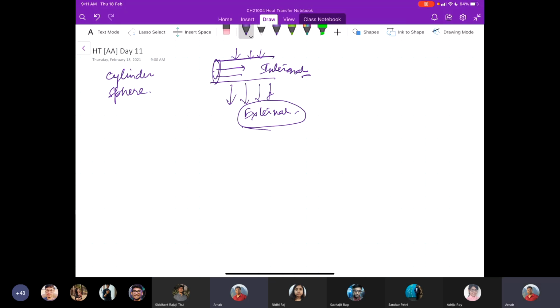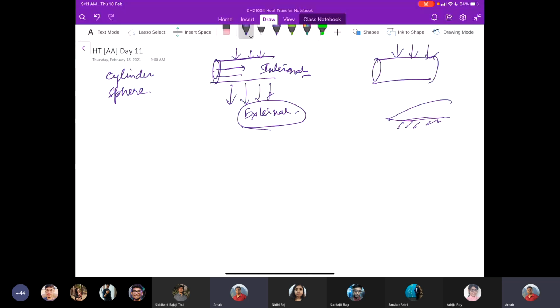Typically these are also called blunt objects, because when these obstruct any flow, the flow scenario is different from the one that we have studied, that is, flow over a flat plate.